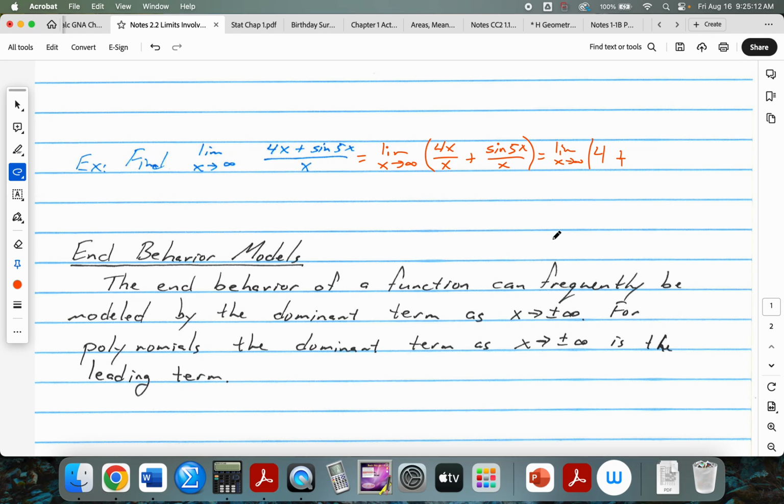No. So we have to use a little bit of algebraic manipulation to make it be what we want. We're going to rewrite this as 5 times the sine of 5x over 5x. I have just multiplied by what a friend of mine used to call a fafum, a fancy form of 1. So that's going to be 4 plus the sine of 5x over 5x is going to go to 1 times 5 is 5. So this is 9.